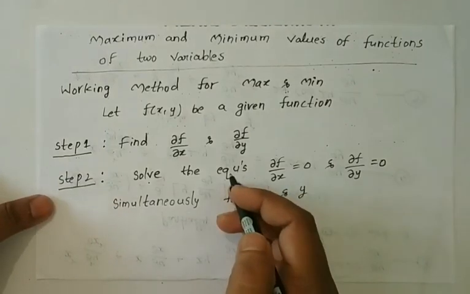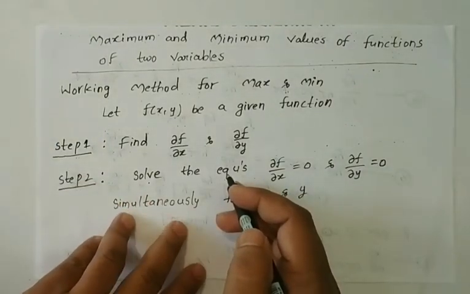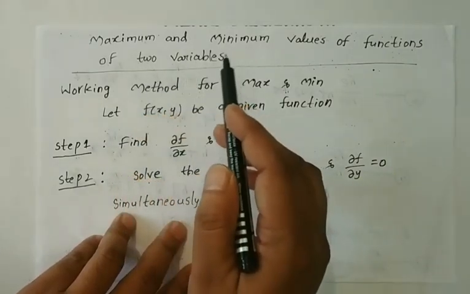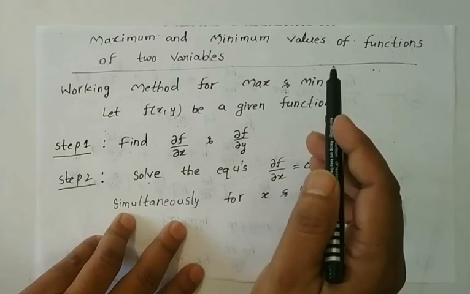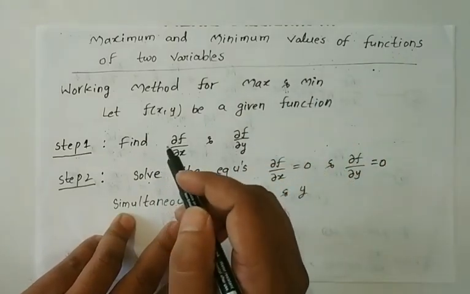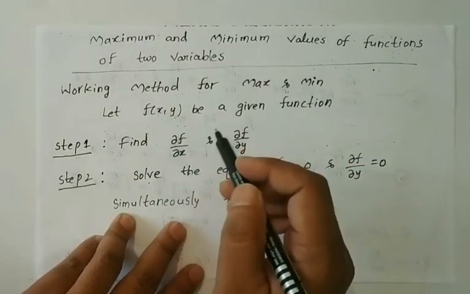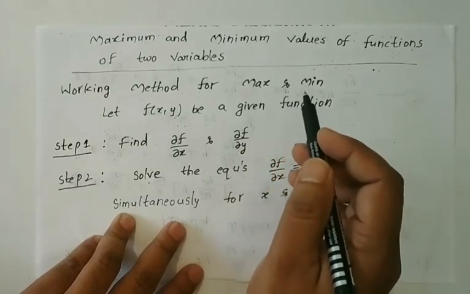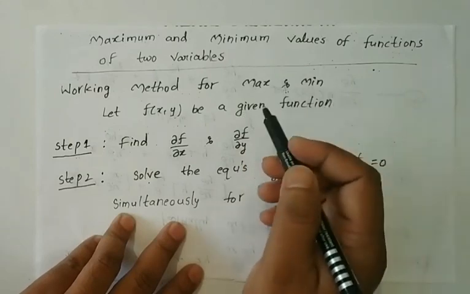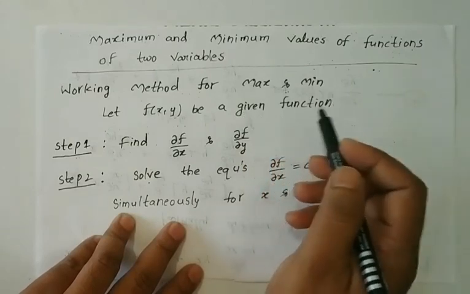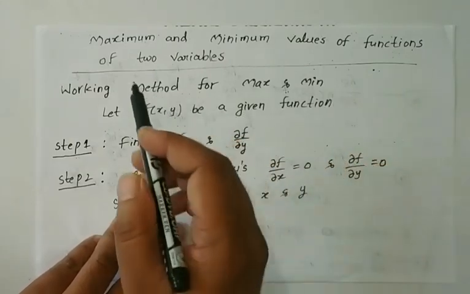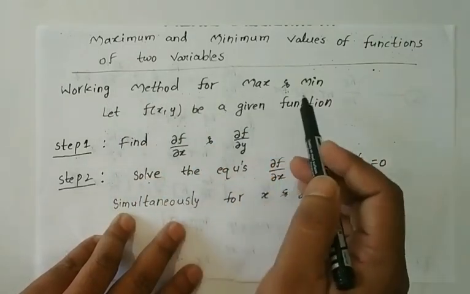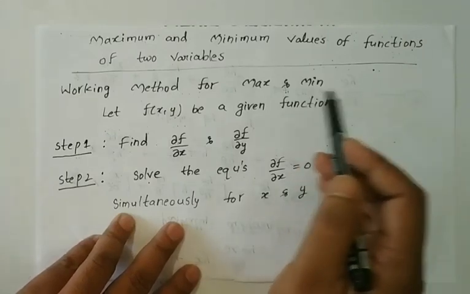Now let us discuss how to find maximum and minimum values of functions of two variables. There is a method for finding these, so now let us see the working method.